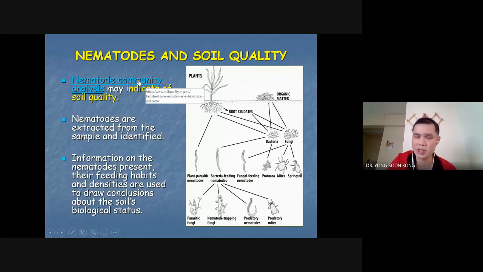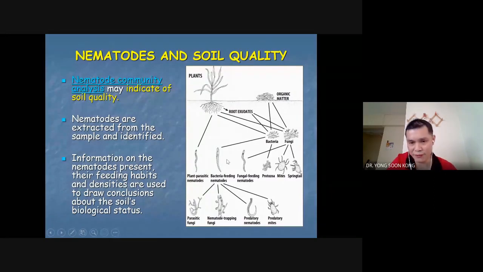From this page, it is said that if the soil has more bacterial feeding nematodes, the soil is said to be healthy. That's one point. Of course, if you go into the passage, you can see there are many more interpretations based on the different ratios of these nematodes.